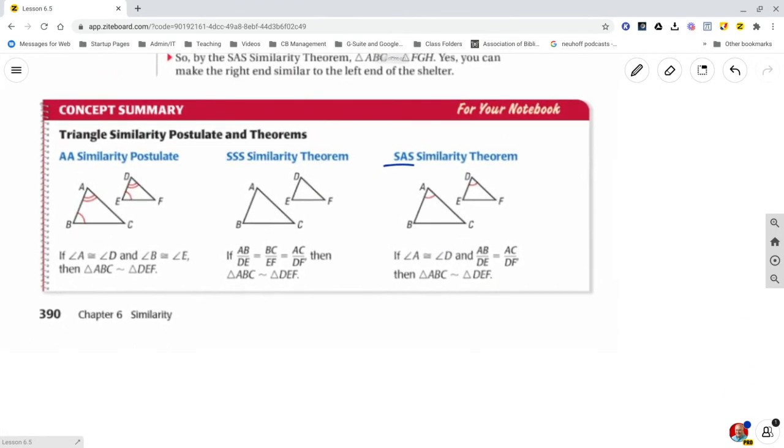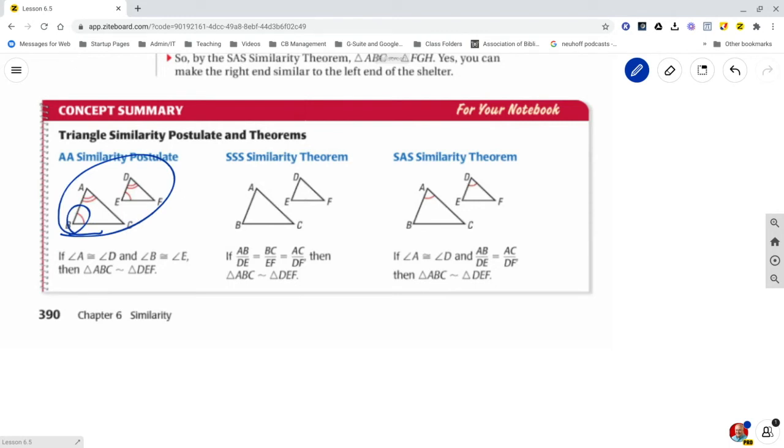So what I want to do now is summarize what we've been looking at in terms of how we evaluate similarity. We have angle-angle similarity. We know if two angles of two triangles are going to be equal, then they're going to be similar. We have side similarity.